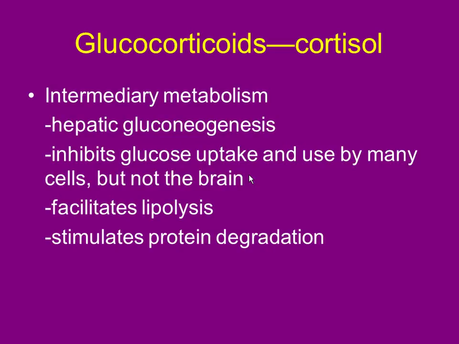So if you're in a high stress situation, you're cranking out your cortisol, what might it look like you have? It's making your insulin not work properly, so you might look like you have diabetes. Right. It's raising your blood sugar. It may make sugar appear in your urine. It's making you seem a little bit hyperactive. Right. Facilitates lipolysis.